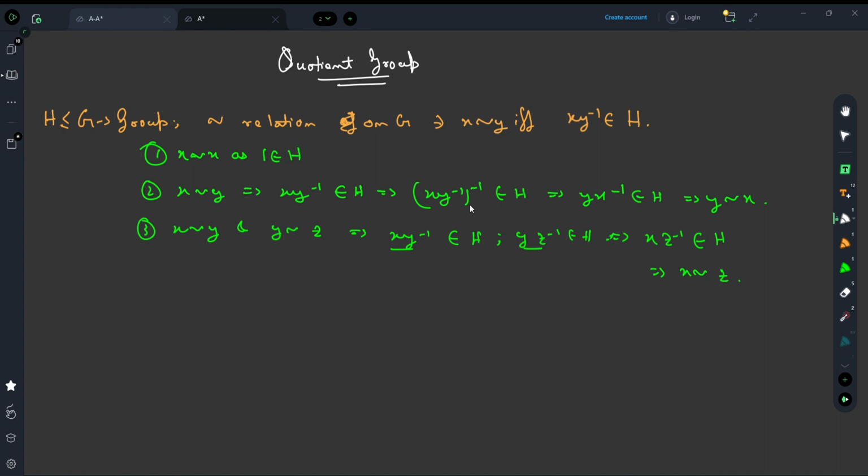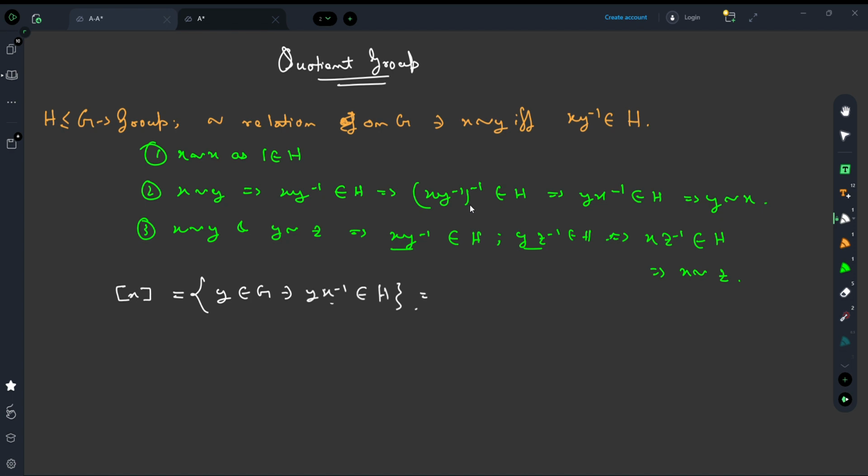What is the structure of each equivalence class? If I consider the class of X, this is the set of elements Y in G such that Y is related to X, so YX inverse is in H. This is the standard notation we follow.